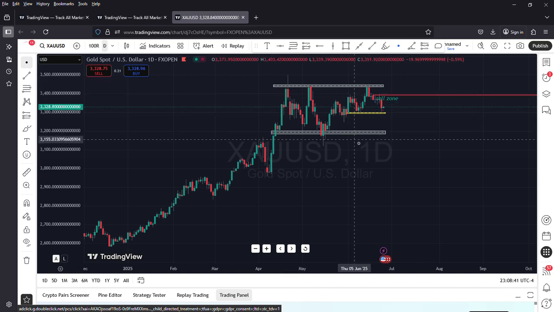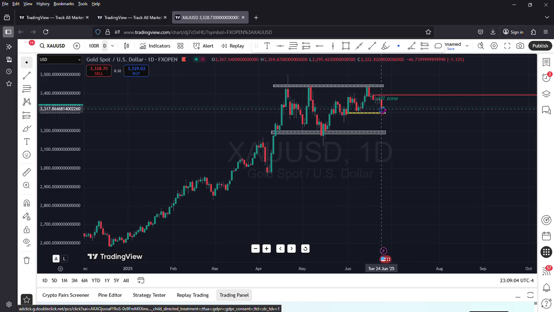That is the only thing we can see in our daily time frame, that the market is on a strong range. So now the only thing we are looking for is opportunity to take part inside this range in our lower time frame.